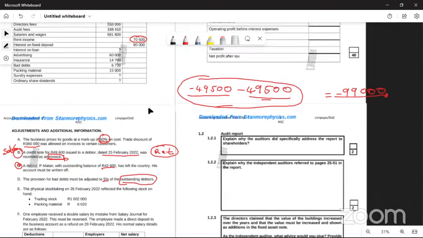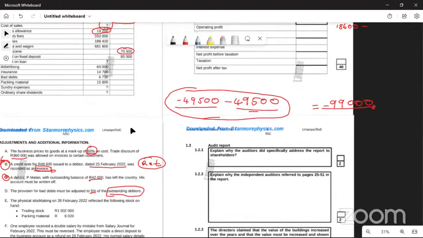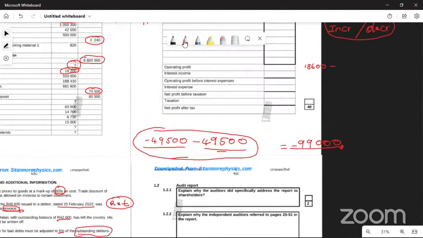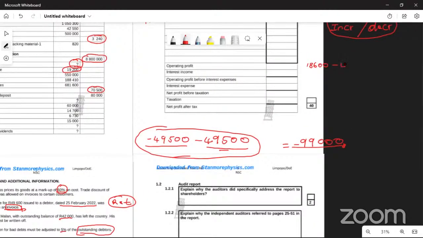So we are going to subtract the new bad debt of 42,000, which will give us in return 186,000 minus 42,000 rand. Okay, it's 144,000. So this is our figure here.